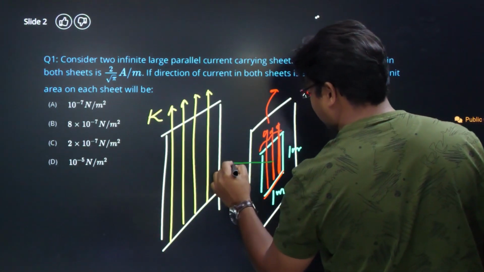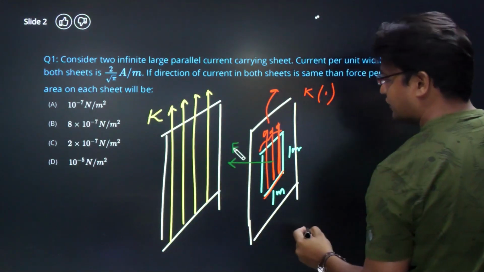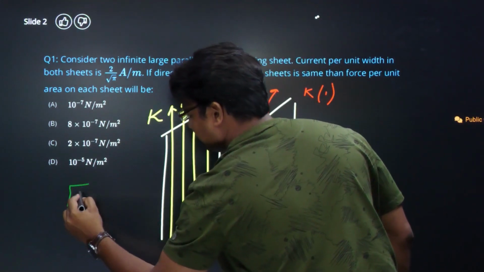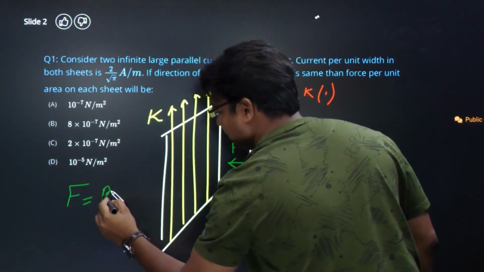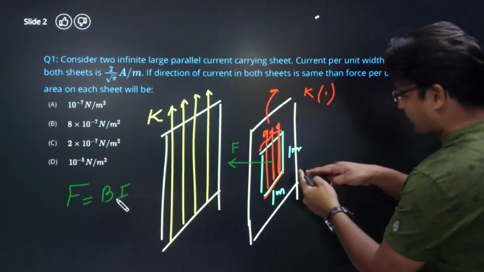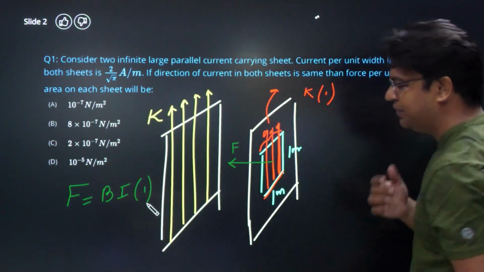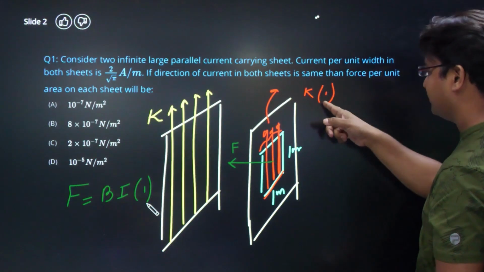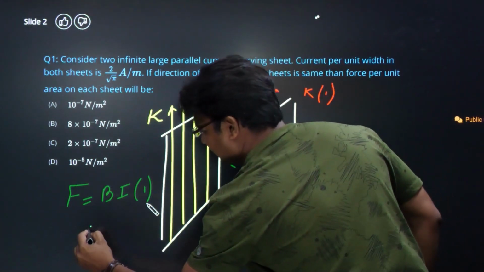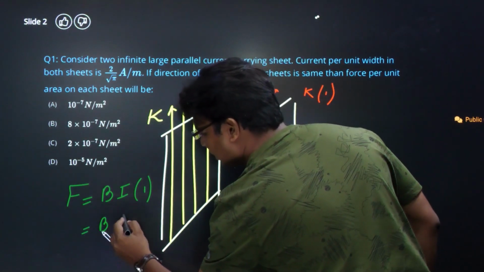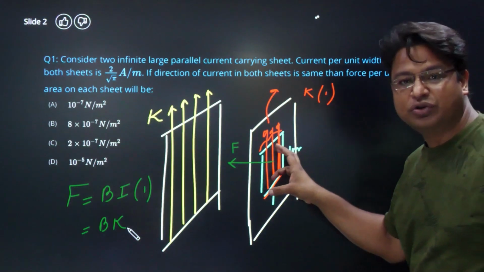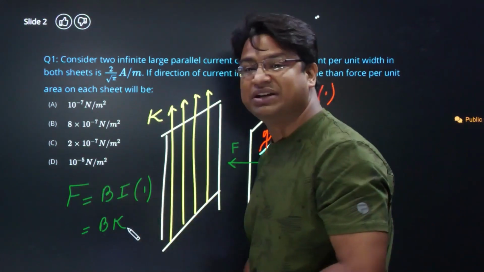This force will be given by B, I, and then L, the length of these wires. The length of these wires is also 1. So B, I, 1. I is K into 1, so this will become B into K. Since I am already calculating the force on unit area, whatever force I get, that is the answer.